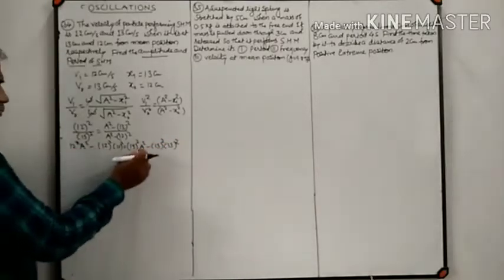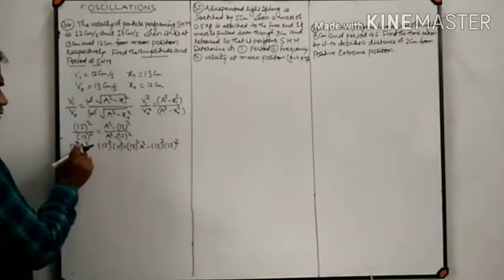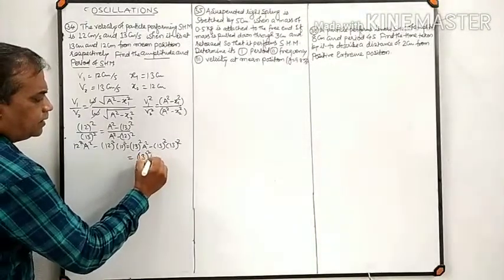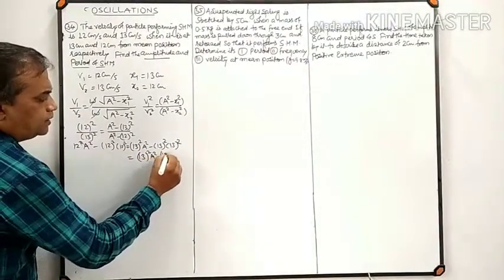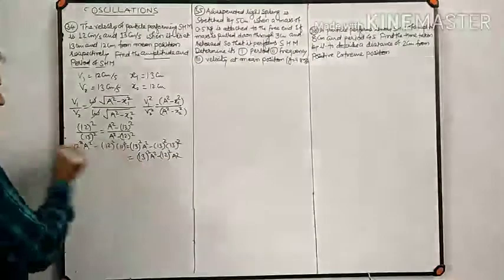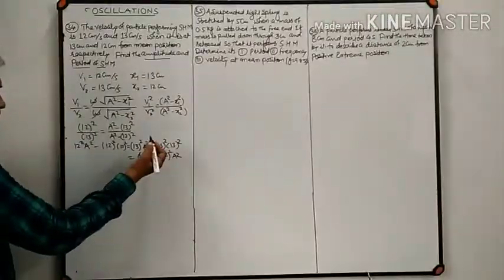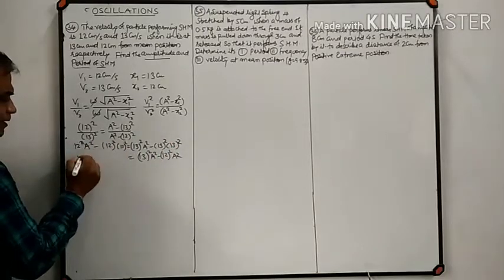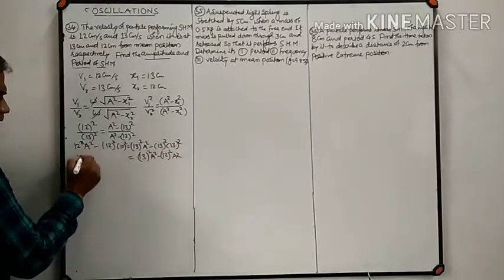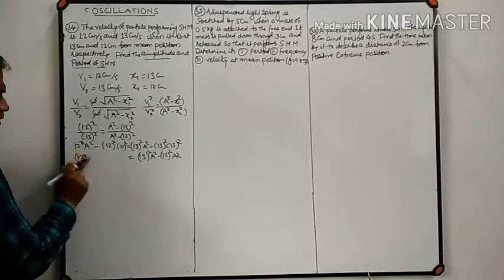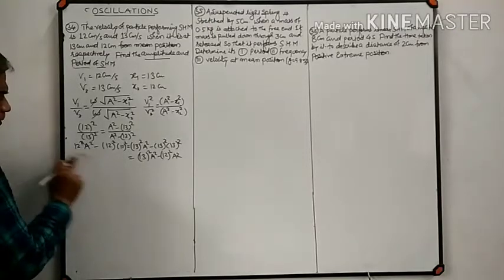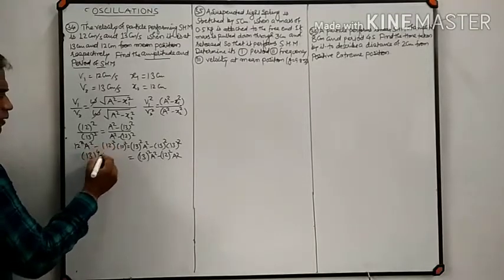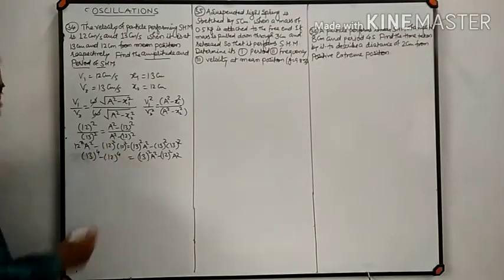Now collect the terms of 13 square a square and 12 square a square to this side. So this is 13 square a square minus 12 square a square, and to this side minus 13 square into 13 square, which is 13 raised to 4, minus 12 square into 12 square, which is 12 raised to 4.